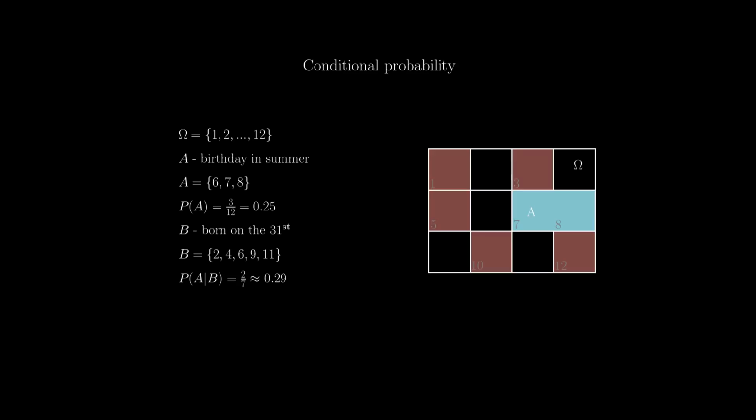Out of these, only 2 are in the summer, so our conditional probability is now 2 over 7, or about 0.29. So after learning this new information, the probability of A changed from 0.25 to 0.29.